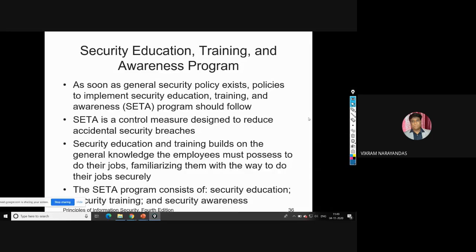So generally, the SETA program consists of security education, security training, and security awareness.